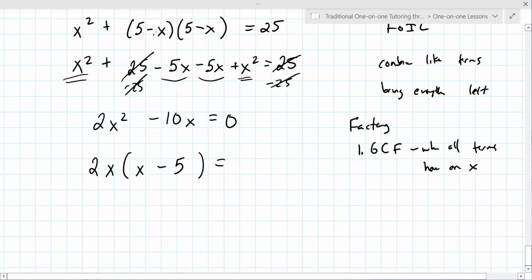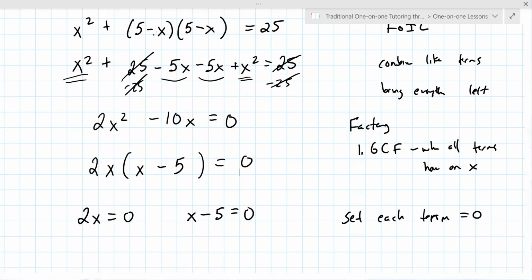Okay. So now you set each term equal to 0. So you set 2x equal to 0, and then x minus 5 equal to 0. And you solve for x.